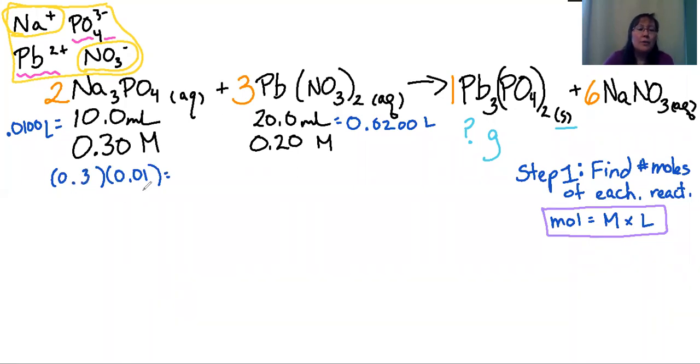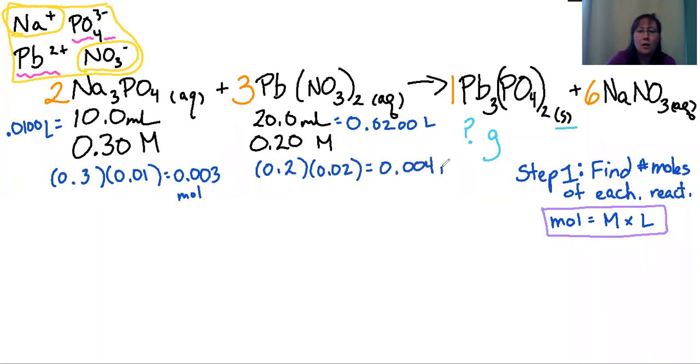So 0.3 times 0.01 is 0.003 moles. Now I can do the same thing for my lead(II) nitrate. I have 0.2 for my molarity times 0.02 for my volume, and that gives me 0.004 moles.